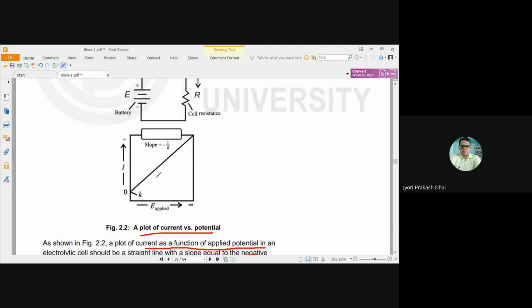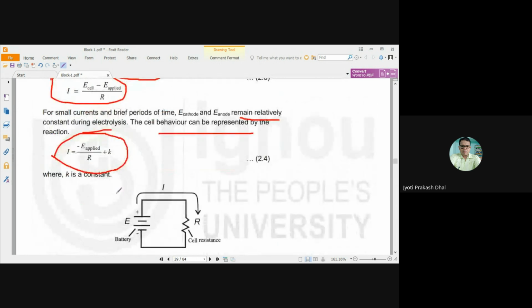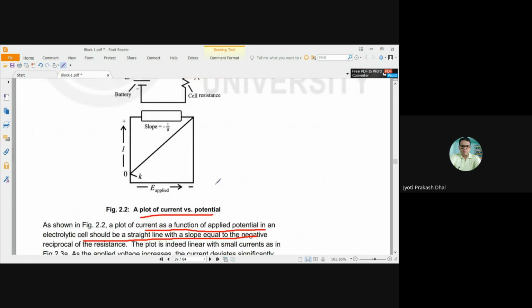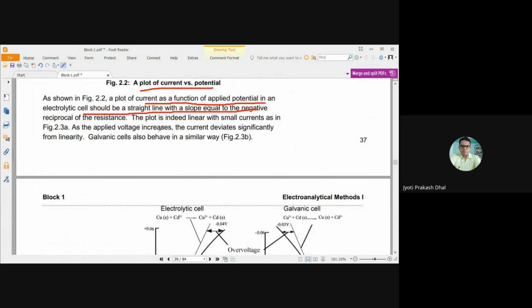Here the slope will be minus 1 by R. In this equation, the variable parameters are I and E applied, so it represents the general equation of a straight line with a negative slope of minus 1 by R. This is the principle.